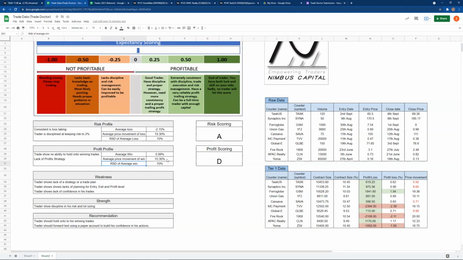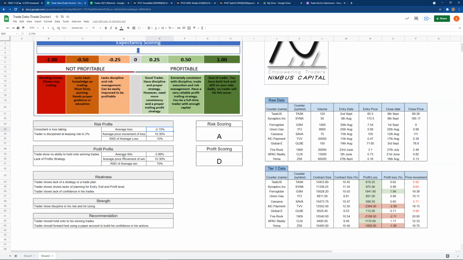The RSD only comes into play when your average win is very close to your average loss or even higher than your average loss, meaning your risk reward ratio comes to about 1:1. Then having a high RSD will mean that your profit taking skill is quite good. But in this case, the RSD doesn't come into play.